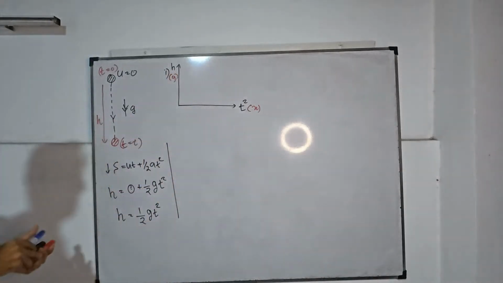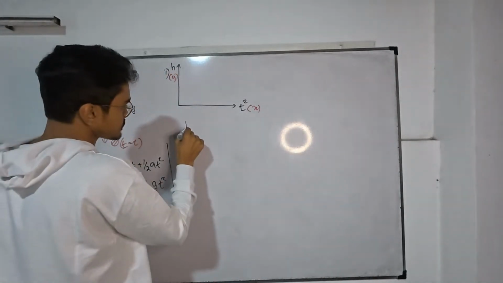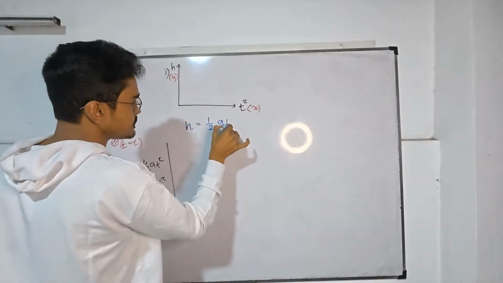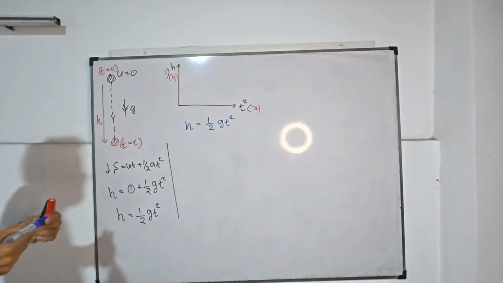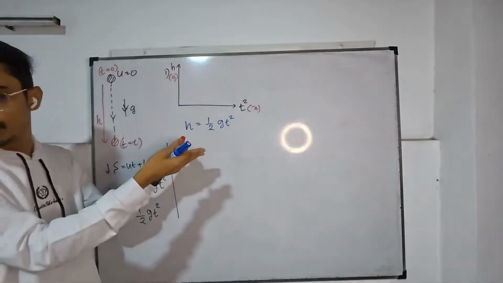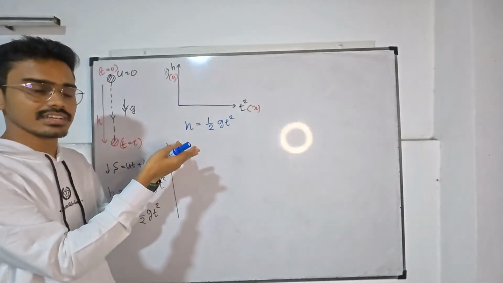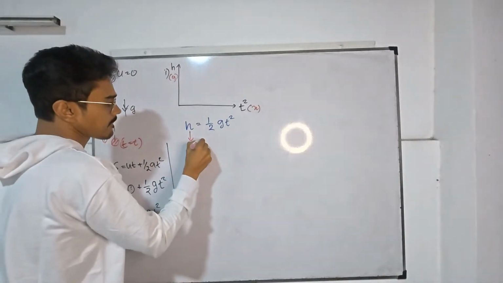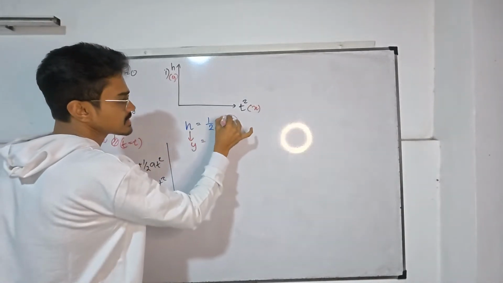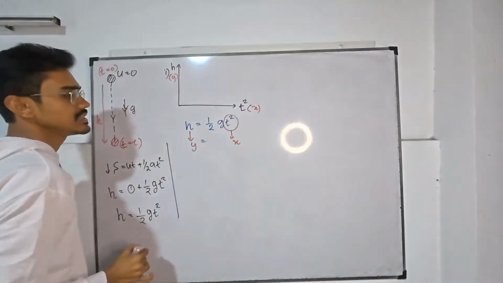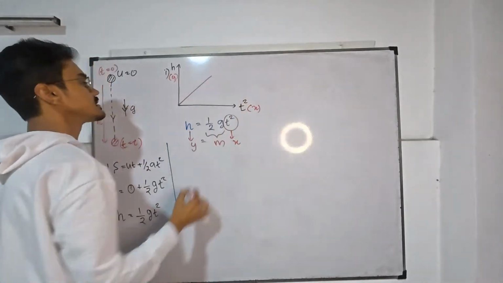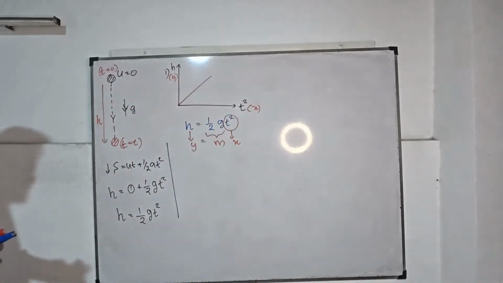My equation is h equals half gt squared, and all the required terms are already here. So just identify the variables: h is y, t squared is x, and half g is the gradient. Y equals mx.